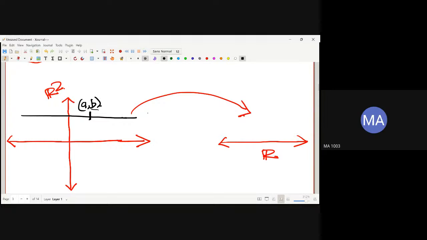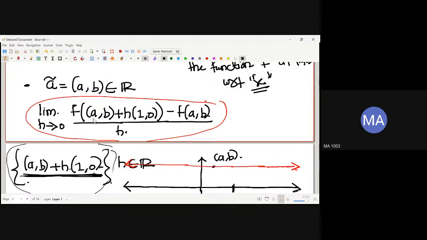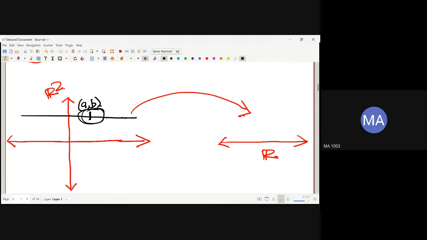the partial derivative at point (a, b) with respect to x, it's giving the behavior of the function. As someone said, in case of a real variable, it's giving the instantaneous change of the function at that point.